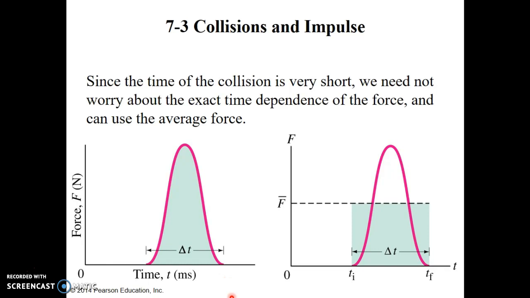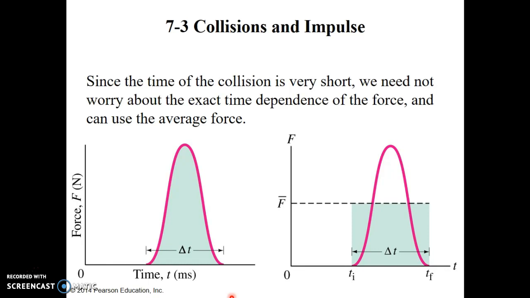Now, thankfully, we have a shortcut with this, because calculating the area under a curve is not easy unless you have experience with calculus. So here's a shortcut. Assuming that the time is short enough, then we don't need to worry about exact time or exact force.